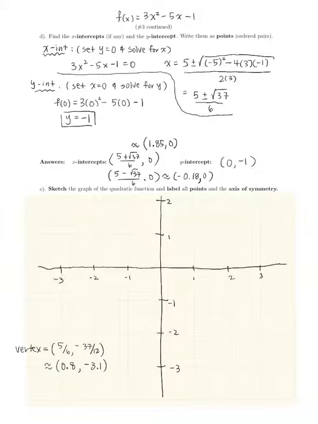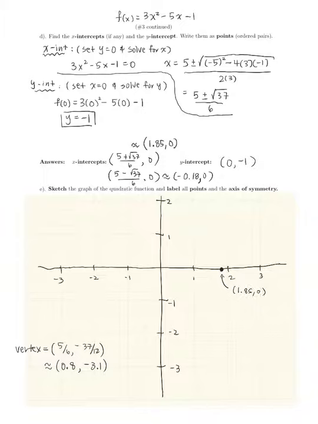Let's first jot down the x-intercept. The first one is 1.85 comma 0. I'll guess 1.85 will be right here, and jot it down as approximately 1.85 comma 0.